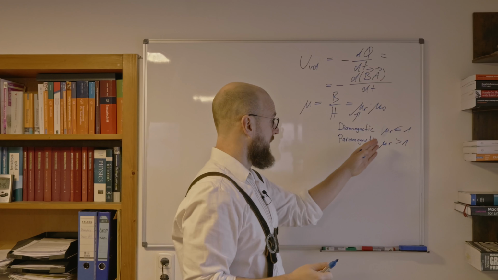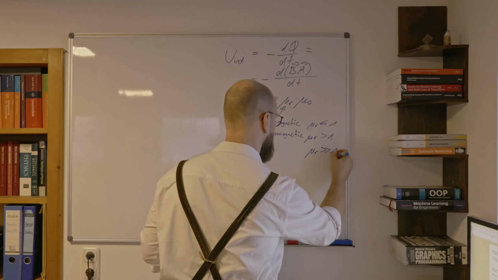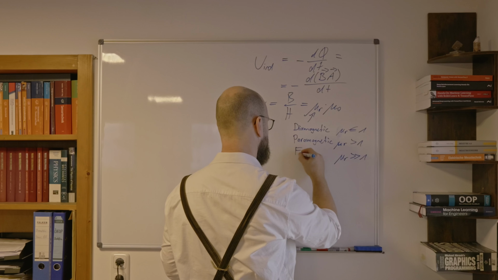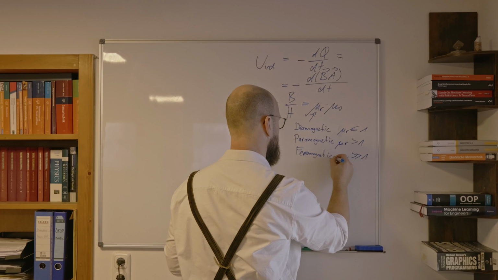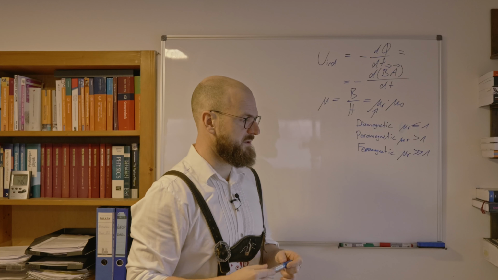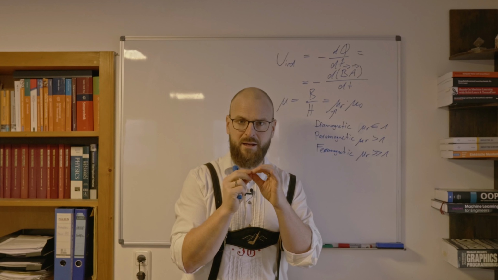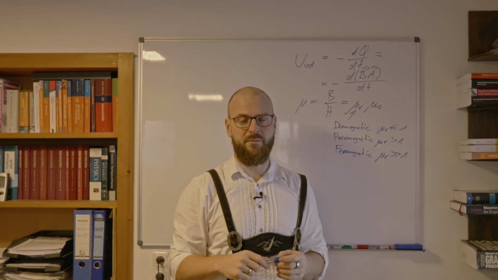So when that permeability further rises to larger values, we get to the ferromagnetic materials, and as the name already says, an example would be iron. And we have a lot of atomic magnets in iron, which can be aligned to the external magnetic field.